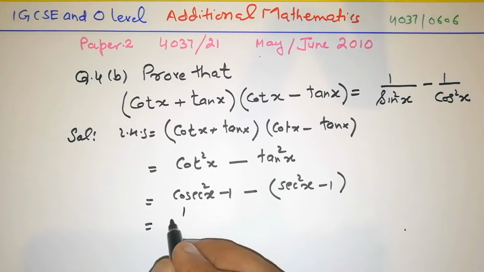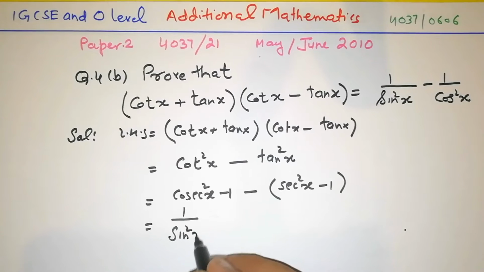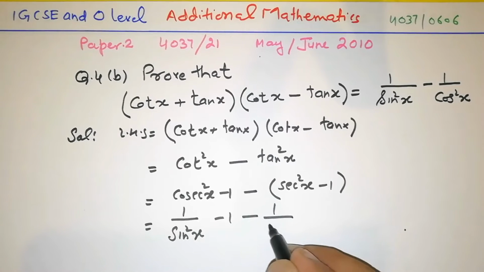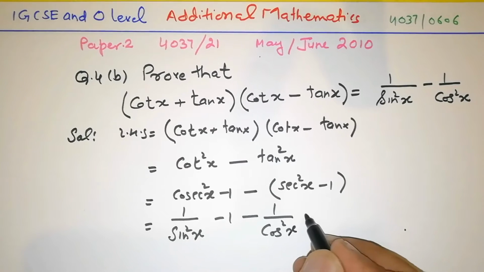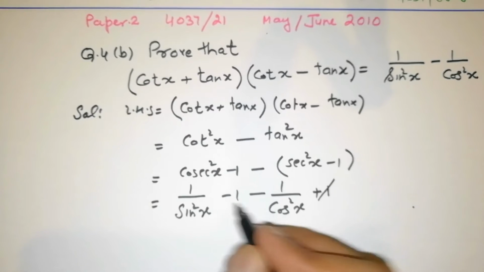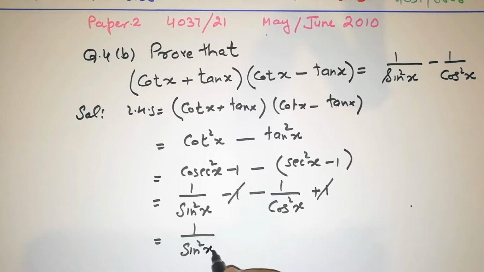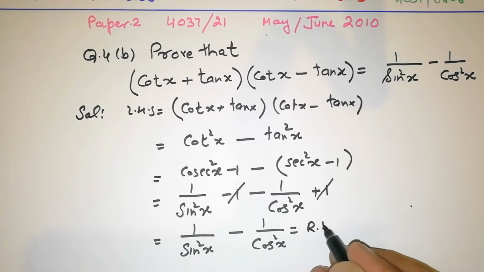Therefore we have 1 divided by sine square x minus 1 minus 1 divided by cosine square x plus 1. And this plus 1 cancels out with this minus 1, and therefore we have the right hand side, that is 1 divided by sine square x minus 1 divided by cosine square x, and this is our right hand side.